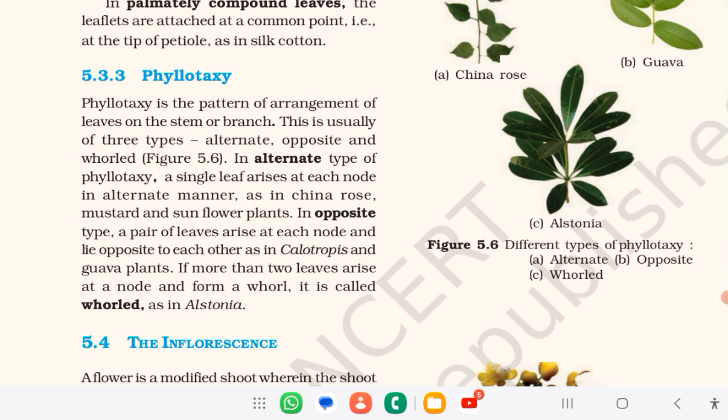In the opposite type, a pair of leaves arise at each node and lie opposite to each other, as in calotropis and guava plants. If more than two leaves arise at a node and form a whorl, it is called whorled, as in Alstonia.